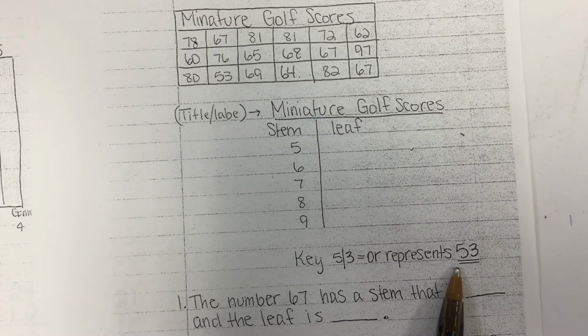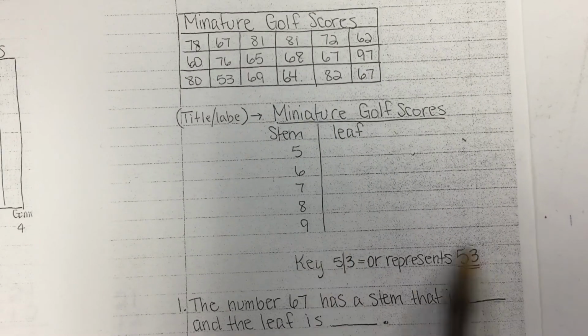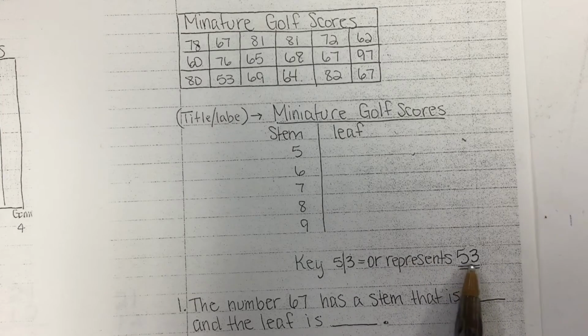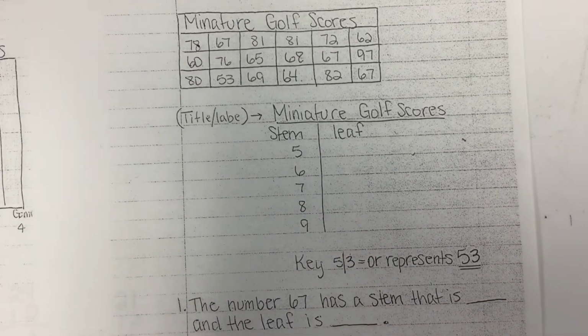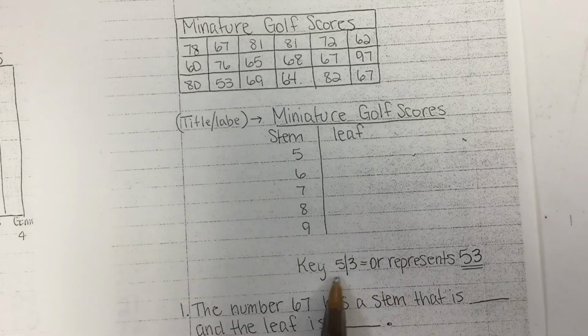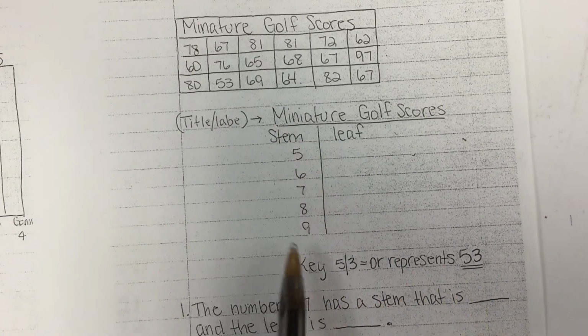Sometimes it could say 5, 3 represents 5.3, which means the ones place is the stem and the leaf is your tenths place. So you always have to pay attention. In this case, the ones place is the leaf. The tens place is your stem.